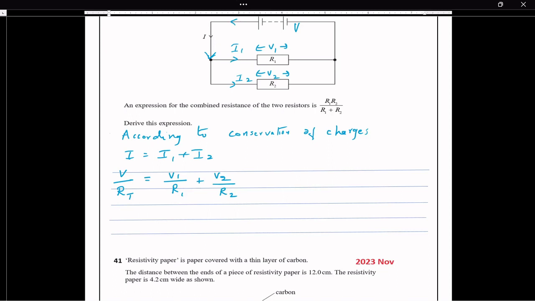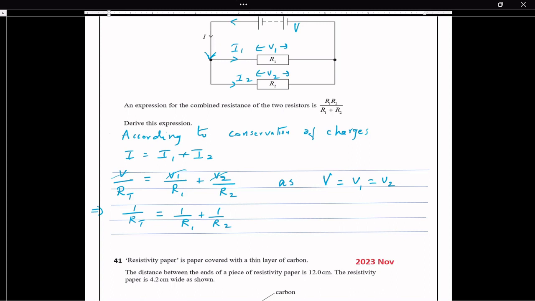But we know that in parallel combination, the total battery voltage is equal to the individual component voltage. So we can cancel all of them. That is 1 over RT equals 1 over R1 plus 1 over R2.